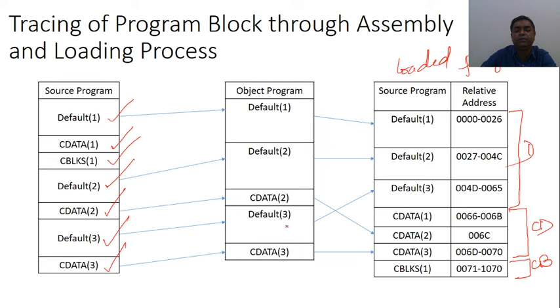But when this program is loaded into the primary memory, first default 1 is loaded, second default 2 is loaded, and third default 3 is loaded. Here you can see these blocks are rearranged only. So when I am rearranging the parts of the program, that is known as program blocks.